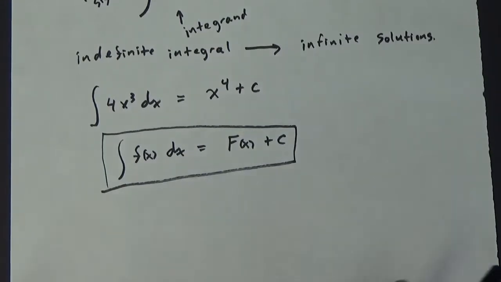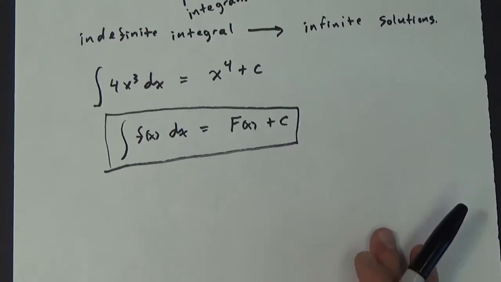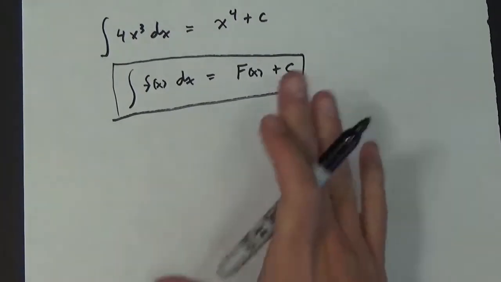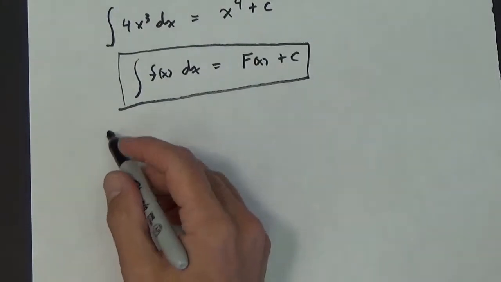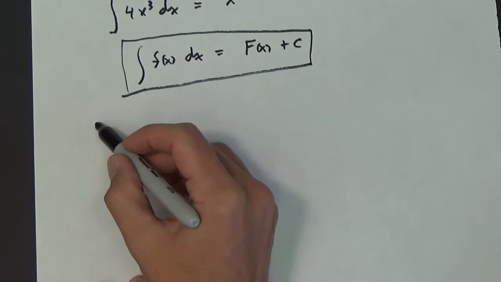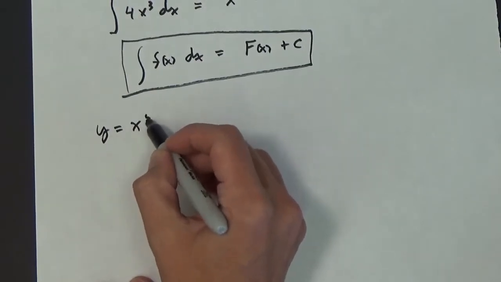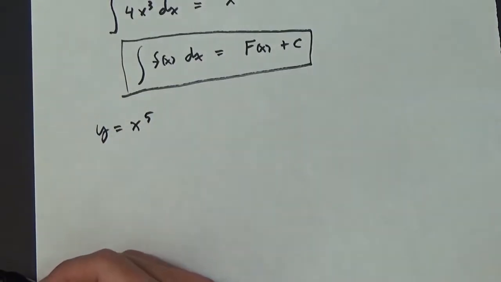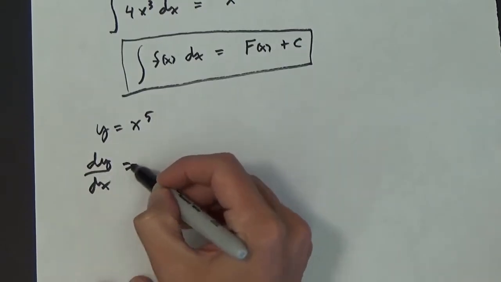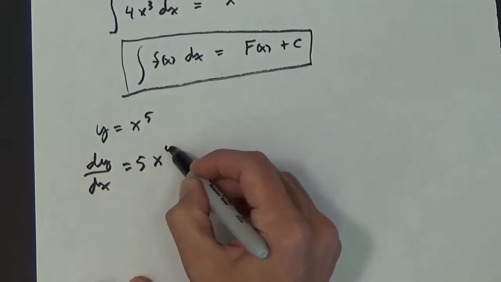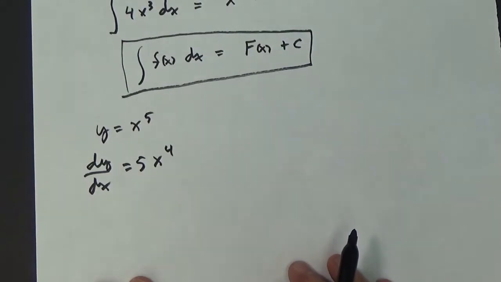Now let's combine derivatives and integration together. I like doing this; it's a neat little way to look at how it loops around. Let's say we had y equals x to the fifth. Let me take the derivative of y. So dy dx equals 5x to the fourth power.